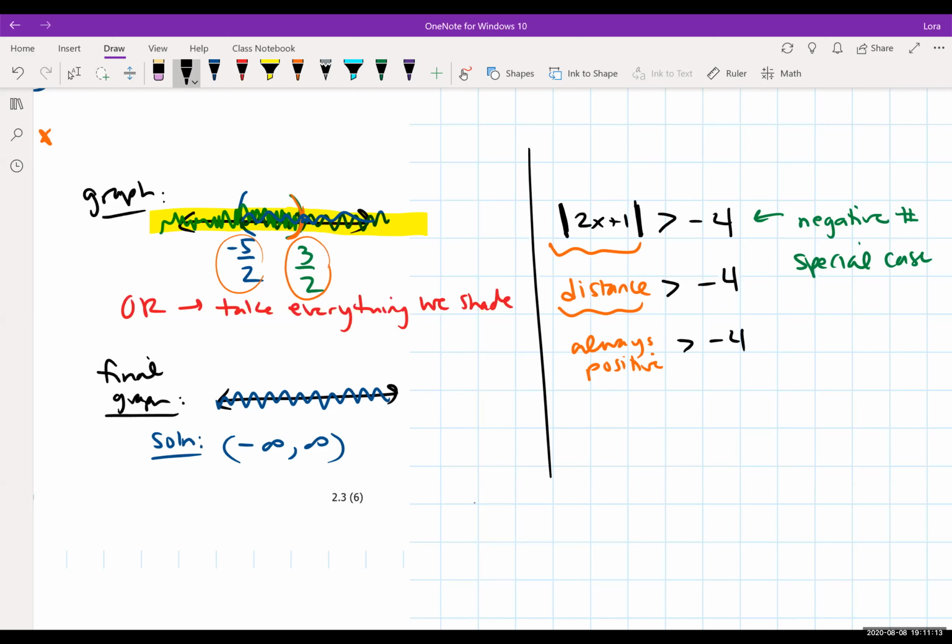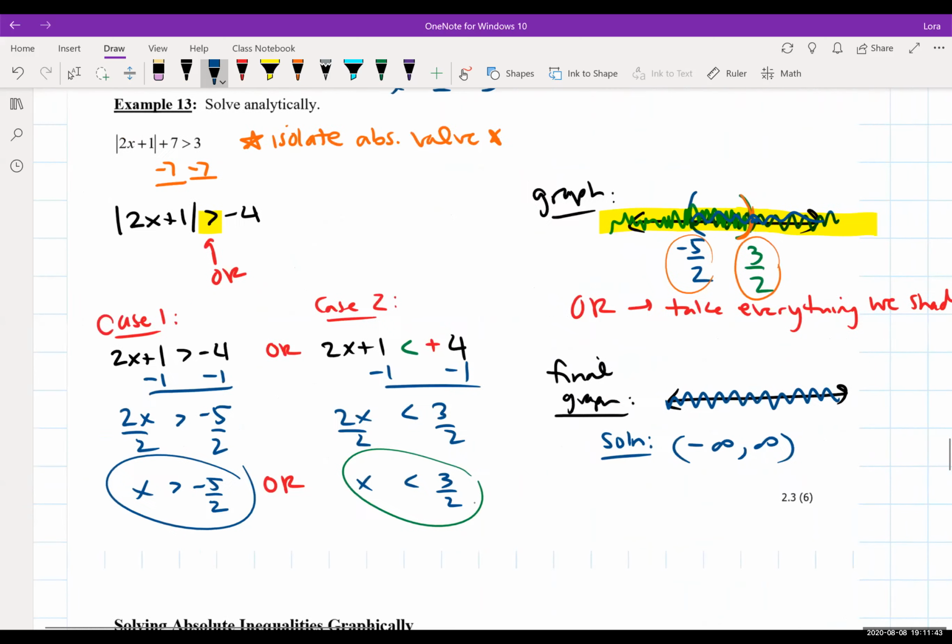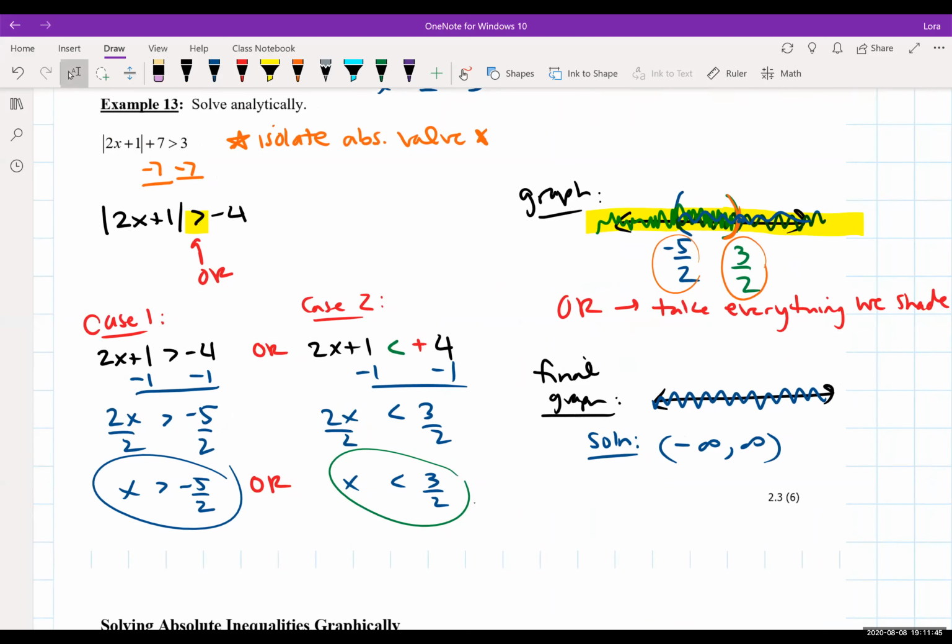It's actually always going to be greater than 0, right? Because always positive means greater than 0, and 0 is still greater than negative 4. So what we have here is a true statement for all numbers that we would have plugged in for x in the first place, which is the reason why the solution is still all real numbers, negative infinity to positive infinity. So if you like that, go with it. If you have a little more interpretation and you'd like to graph to see what the solution is, feel free to do either way.